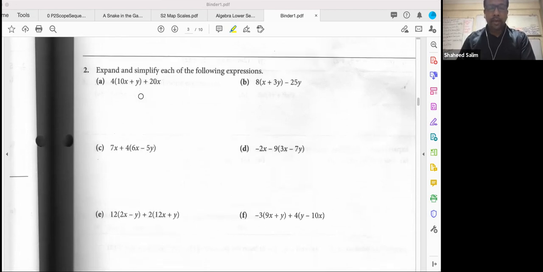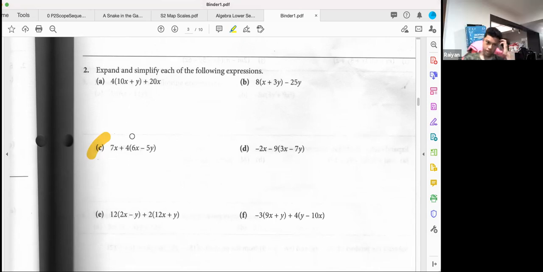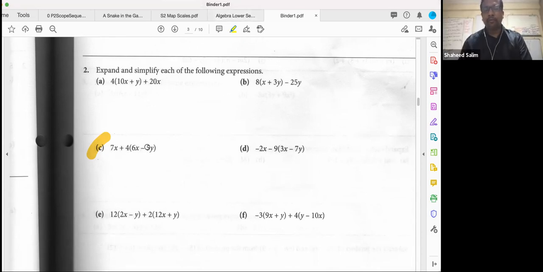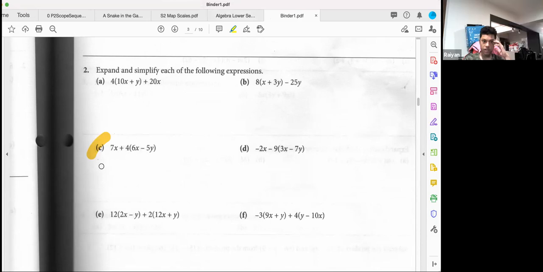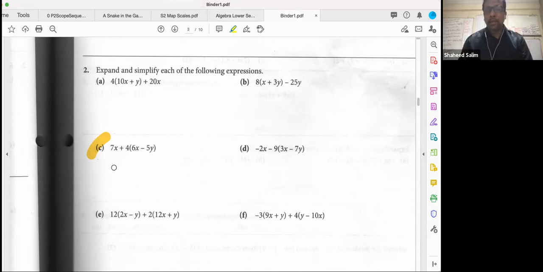So now simplify. Okay, we try C. You got to times out first, then after you got to write it down. The 4 times by 6 and then 4 times by 5, then the 7 again. After you times, then you see can you plus. You must times first. So you copy down the 7x like that.